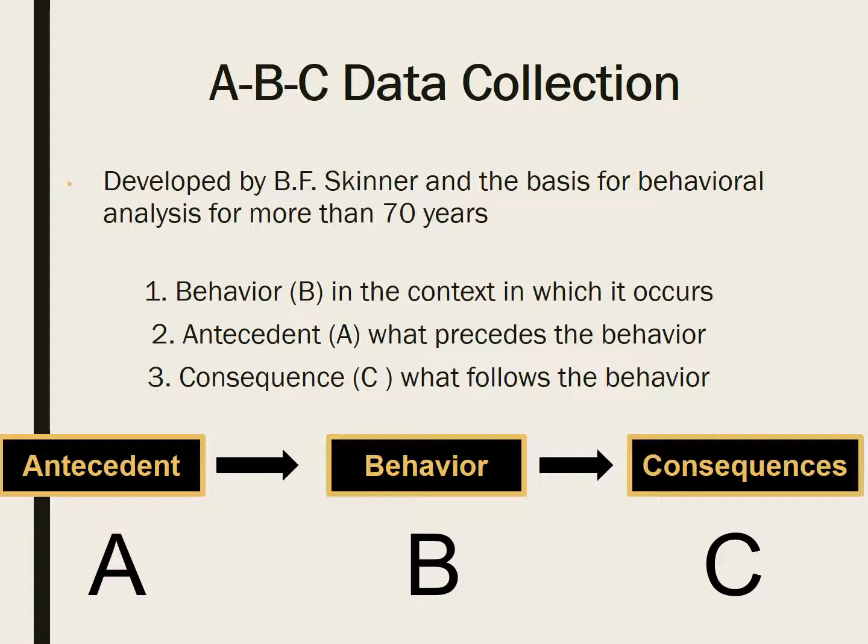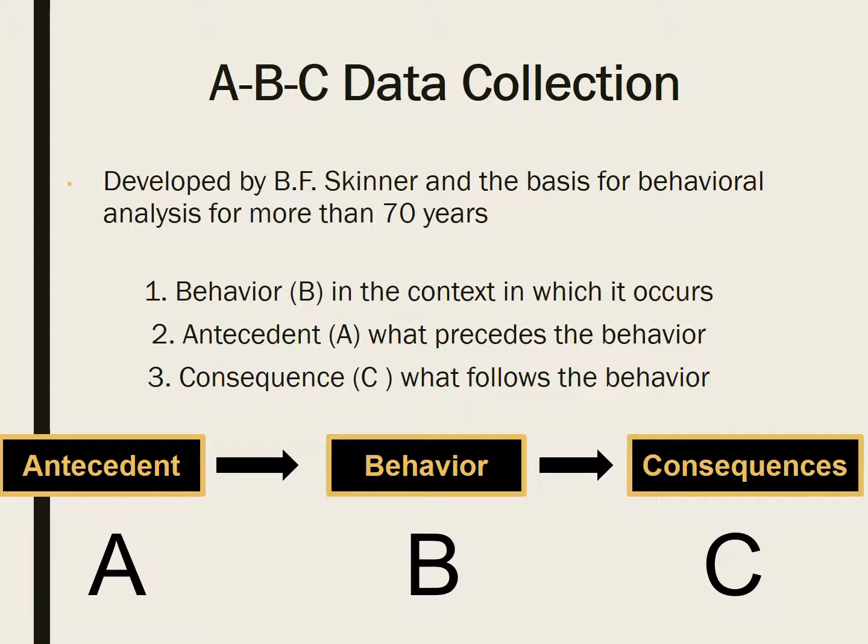So we look for the behavior. After we see the behavior, we think back and we say what happened immediately prior to that behavior and what happened immediately following that behavior. So the antecedent is what prompts the behavior to occur. The behavior is obviously the target behavior that we've already identified, and the consequence is what immediately follows it. The consequence is the thing that's going to maintain the behavior.